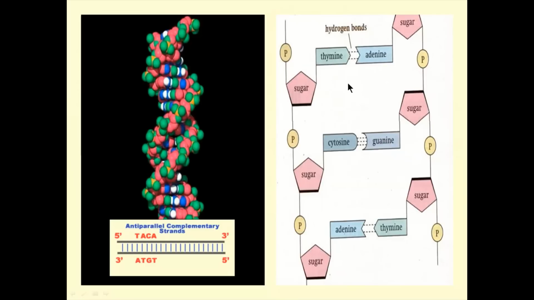There are four different types of nitrogenous bases: adenine, thymine, guanine, and cytosine. Bases hold the two strands together in a double helix structure.